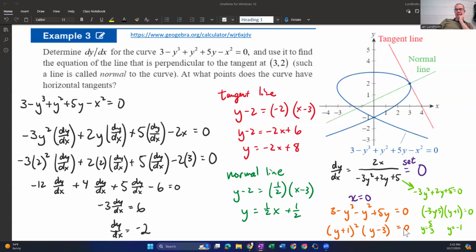Oh, yeah. y equals 5/3. Okay, so that's a point where we have vertical tangent lines. And then y equals negative 1 is a spot that we would also want to avoid. So with these two things in conjunction, at y equals negative 1, we have the numerator of this fraction equals 0, but also the denominator of this fraction equals 0.